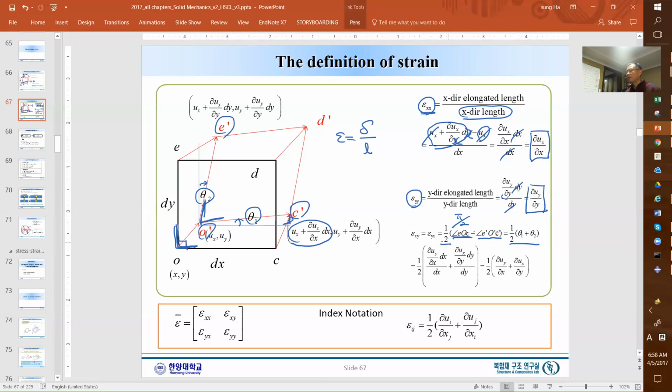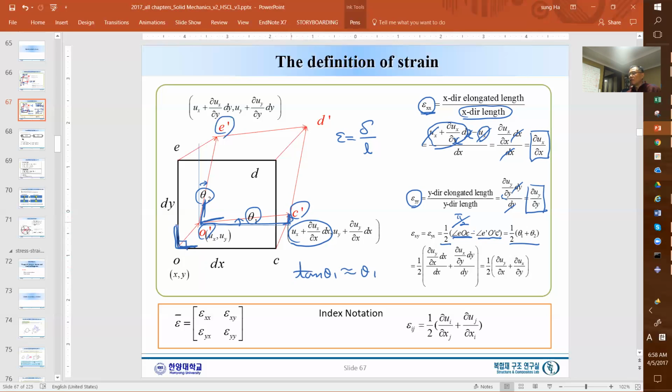So by definition, we average those two angle differences. Now, very importantly, what is theta 1? Well, theta 1, you can see that approximately this, and tangent theta 1 is simply theta 1. What is tangent theta 1?